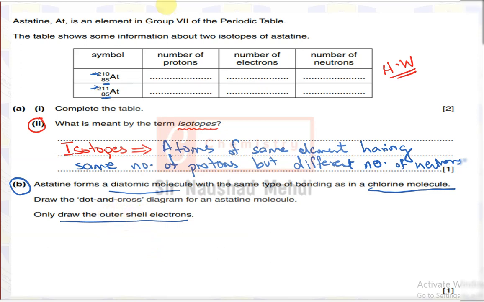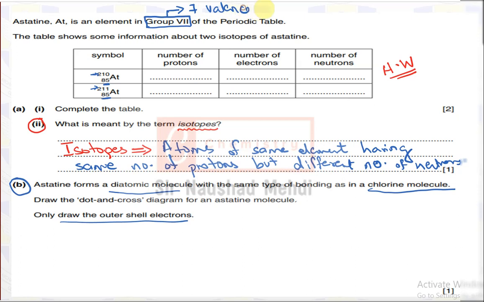As you all know, in the first line it's written that astatine is an element of group 7. Group 7 means it has 7 valence electrons, so in the last shell it has 7 electrons. No need to write the complete electronic configuration for astatine, because they ask you to draw only the outer shell electrons, and since it is part of group 7, it has 7 electrons in the outermost shell.